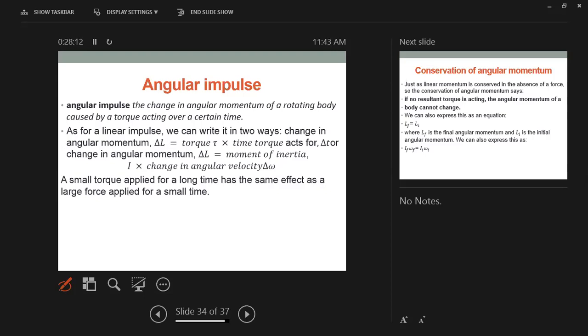Remember the angular momentum we just found: moment of inertia times angular velocity. So moment of inertia times angular velocity over time will give us angular impulse. Let's put it here: impulse equals moment of inertia times angular velocity over time. That is going to give us angular impulse.